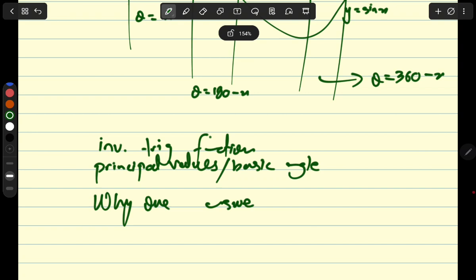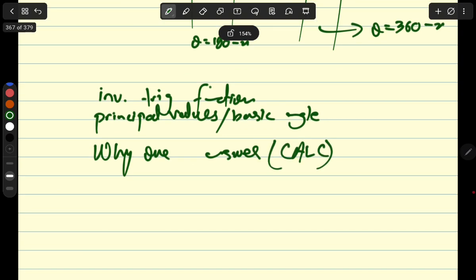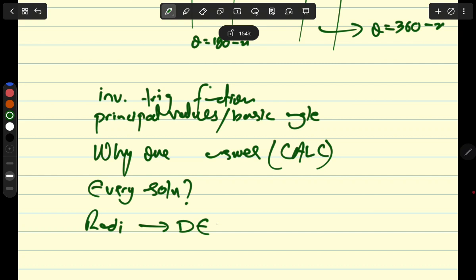One answer if you use your calculator, the basic angle. And how do you find every solution, as well as the conversion between radians and degrees, the transformed equations, exact value equations, and Cambridge shortcuts. And towards the end, we will do a complete past paper question.